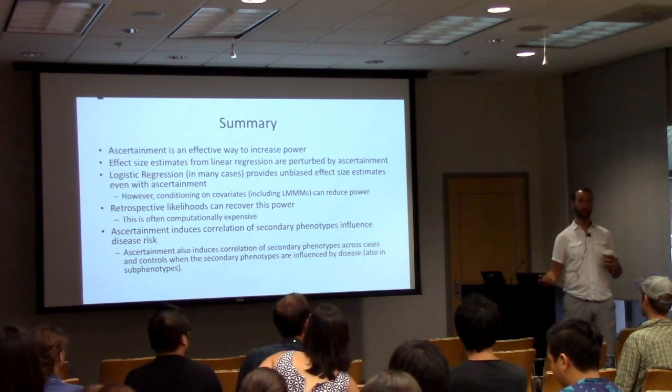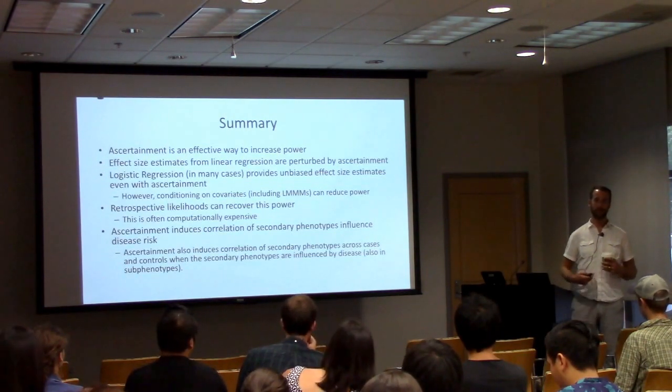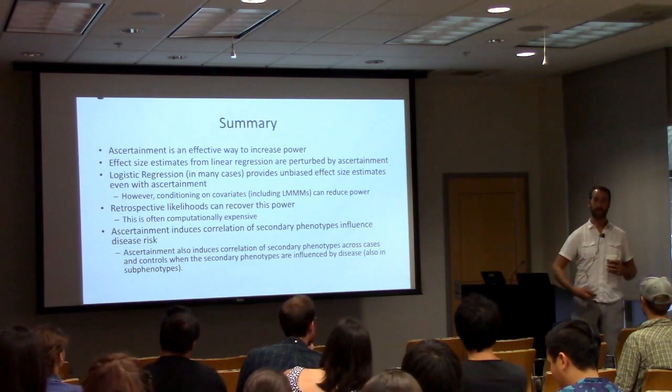Or if you're looking at the microbiome, it might be the case that microbes in people who have some gut disease are affected by the gut disease, not the other way around.